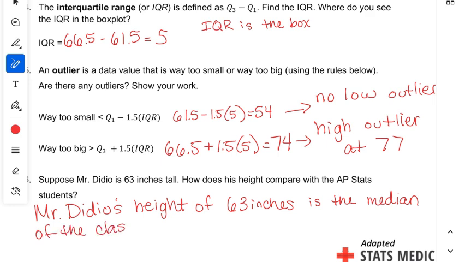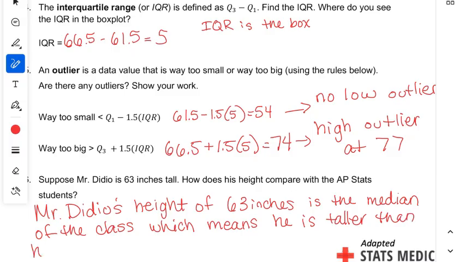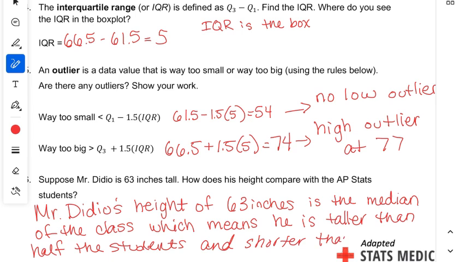Mr. D's height of 63 inches is the median of the class, which means he is taller than half the class, or half the students, and shorter than half the students.